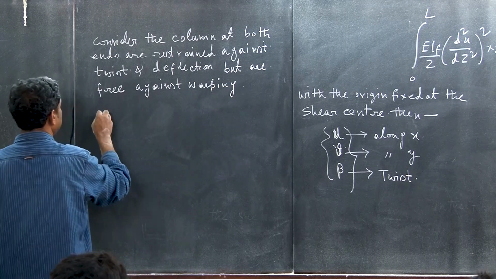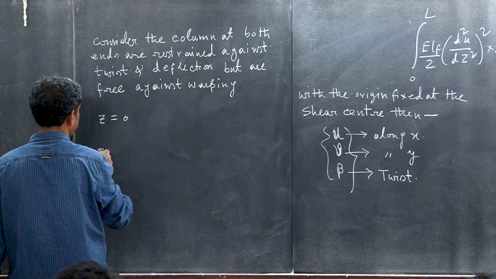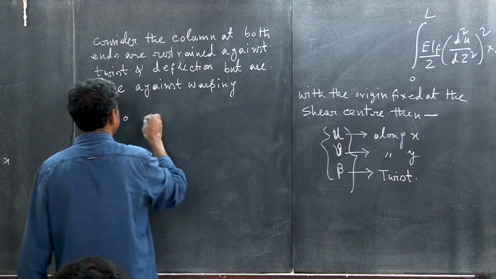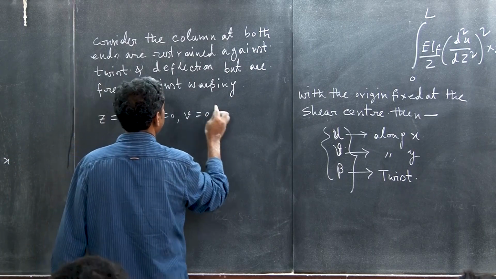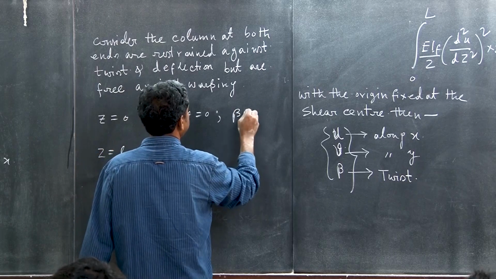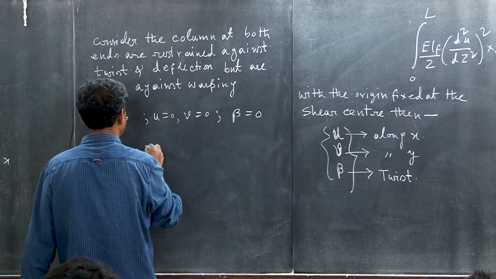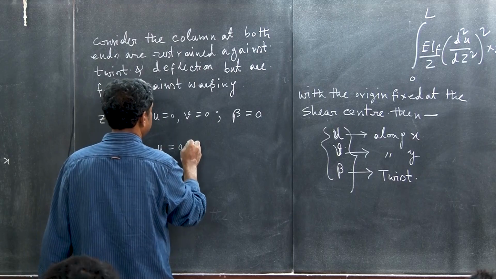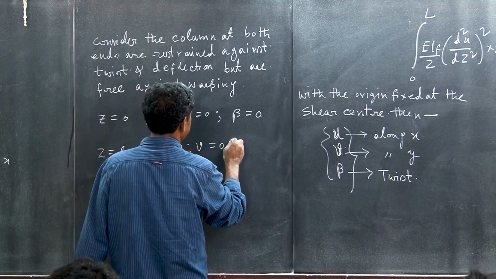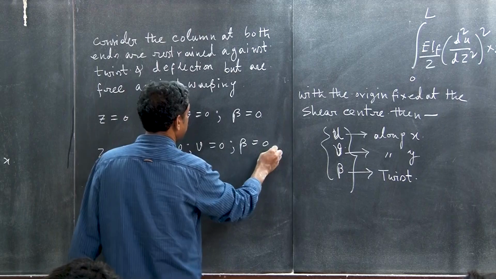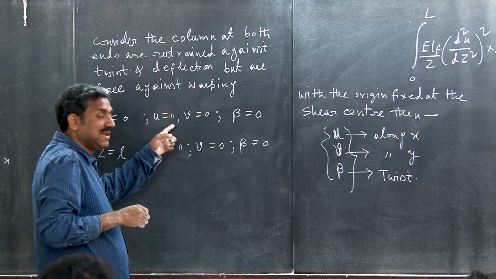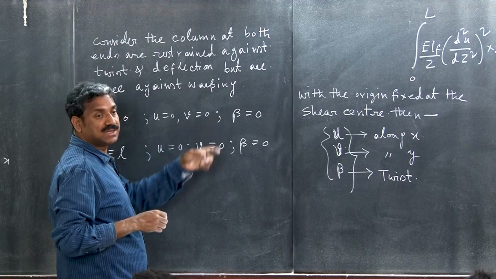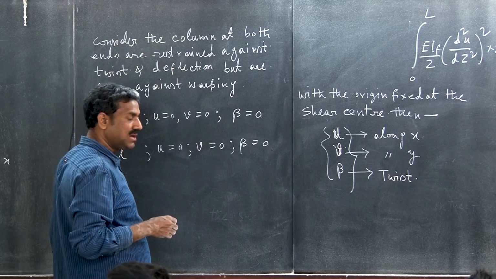That means that at Z is equal to 0 and Z is equal to L, U is equal to 0, V is equal to 0, beta is equal to 0. Here also U is equal to 0, V is equal to 0, beta is equal to 0, right, because they are restrained, there is no deflection and it is restrained against twist, beta is equal to 0, right.